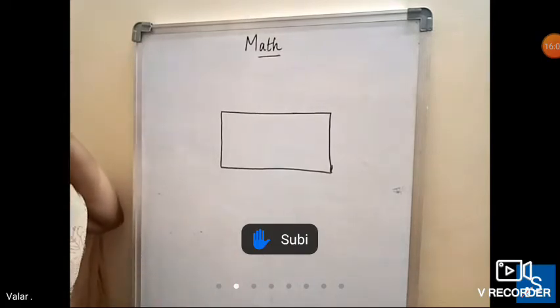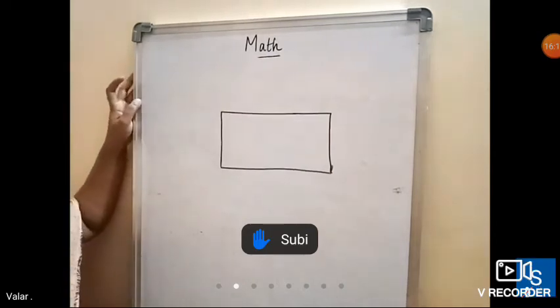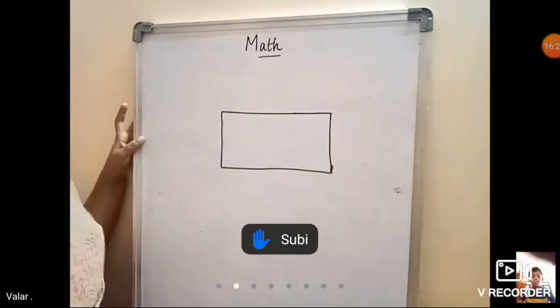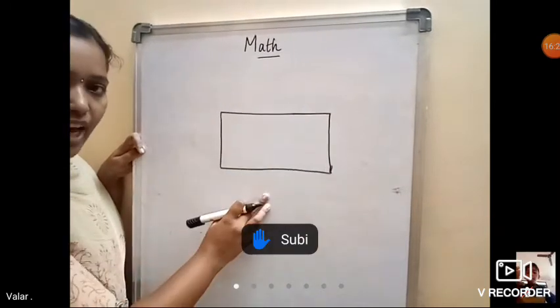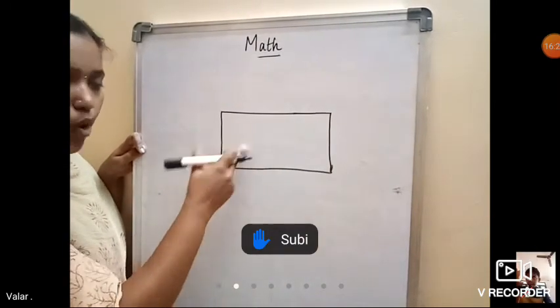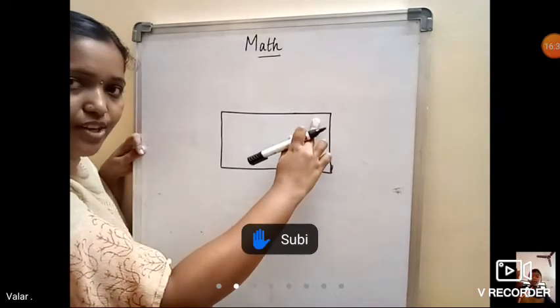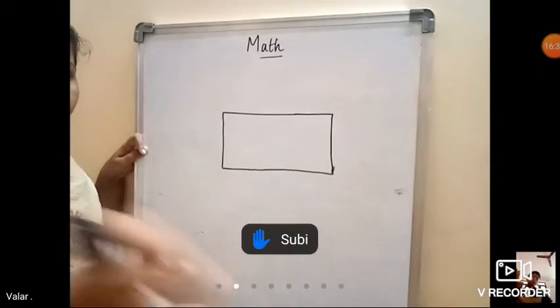It is a rectangle. The sides are straight lines that form a plane shape. So now you can see, using different types of line we got one shape. What are the different lines here? Here one horizontal line is there. Here you can see a vertical line.